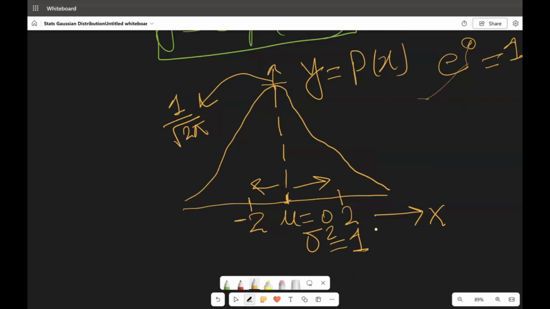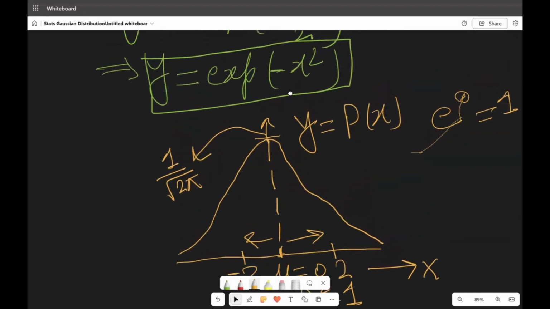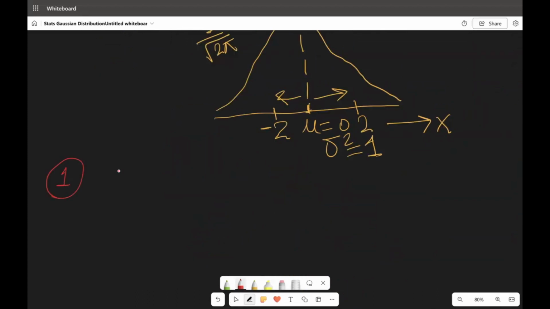If you look carefully at this function, as x increases, your minus x square is going to reduce because it's negative. First thing is that as my x increases, my minus of x square is reducing.